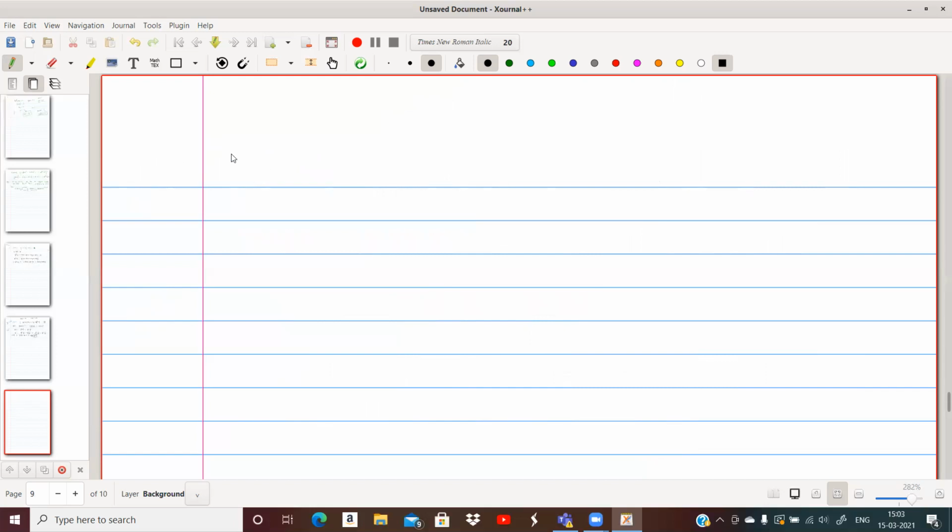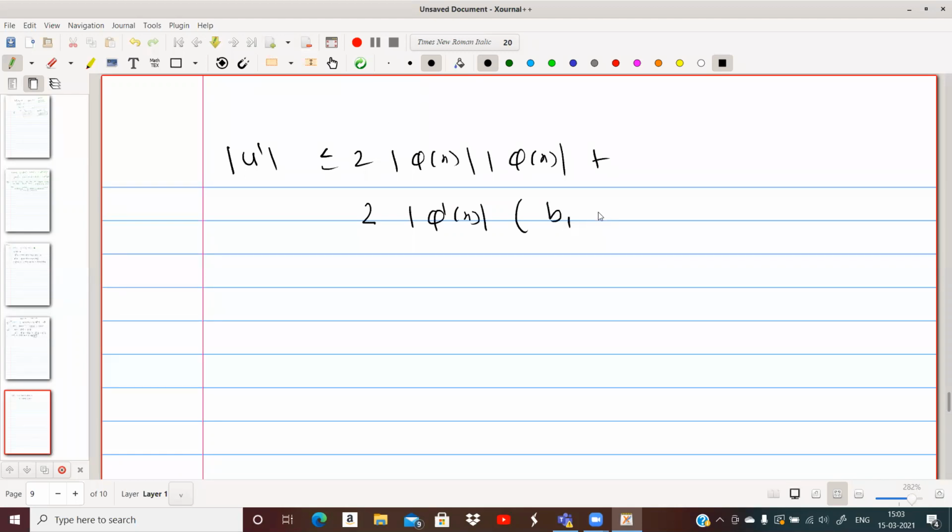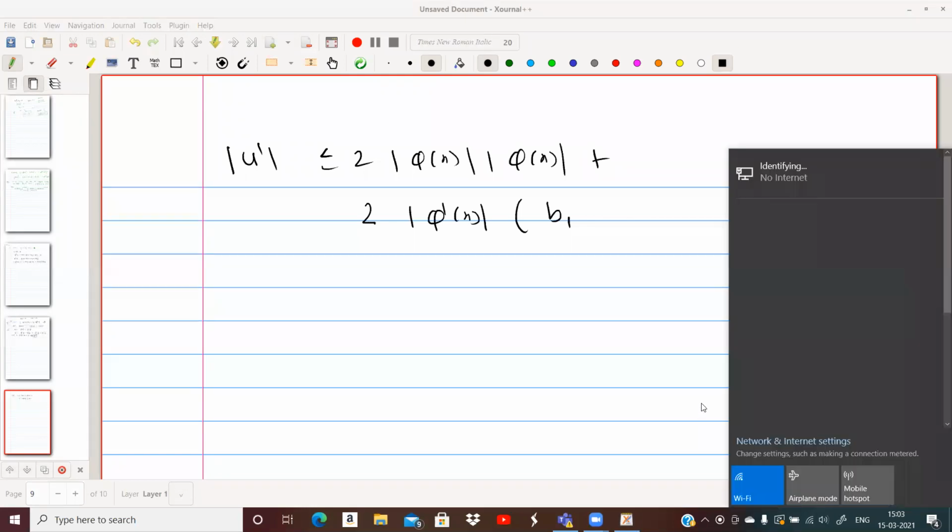From star, I am writing u dash is less than or equal to 2 times phi of x, as it is, plus 2 times phi dash x multiplied by phi double dash.